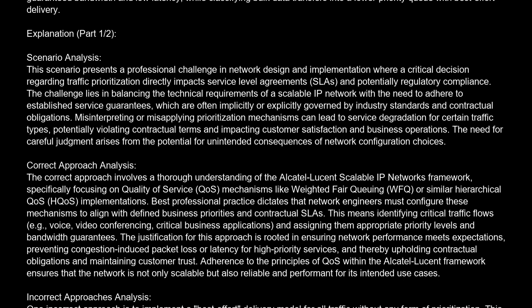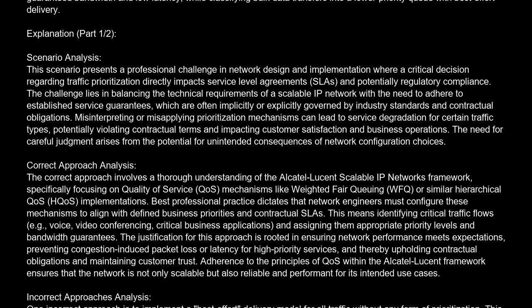Explanation. Scenario analysis. This scenario presents a professional challenge in network design and implementation where a critical decision regarding traffic prioritization directly impacts service-level agreements, SLAs, and potentially regulatory compliance. The challenge lies in balancing the technical requirements of a scalable IP network with the need to adhere to established service guarantees, which are often implicitly or explicitly governed by industry standards and contractual obligations.